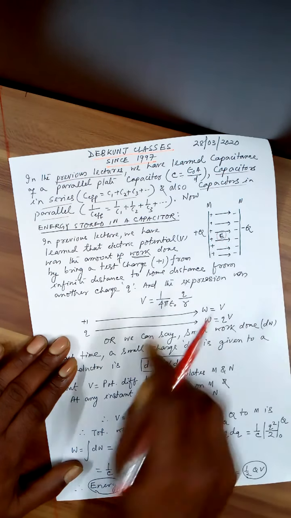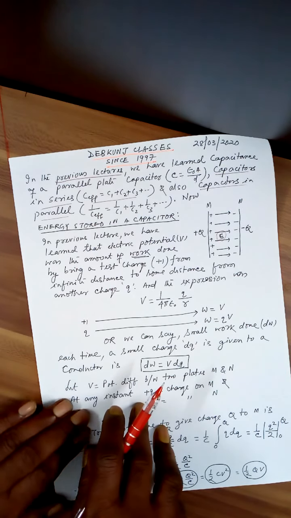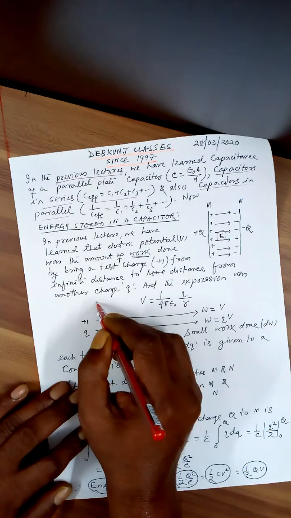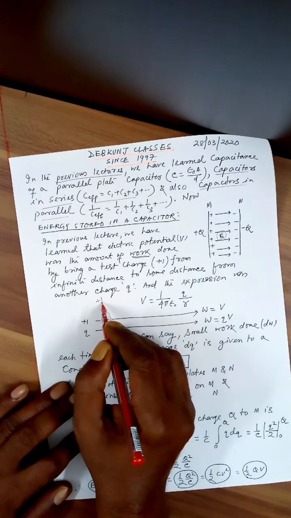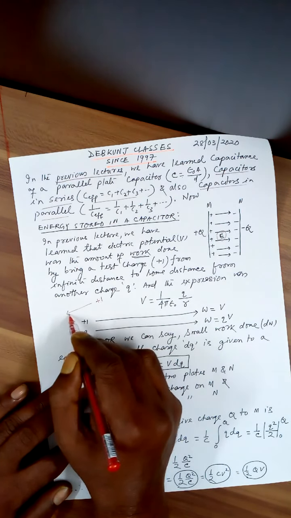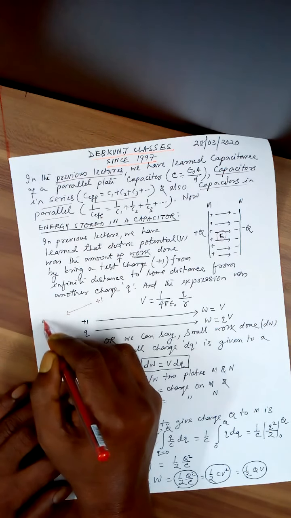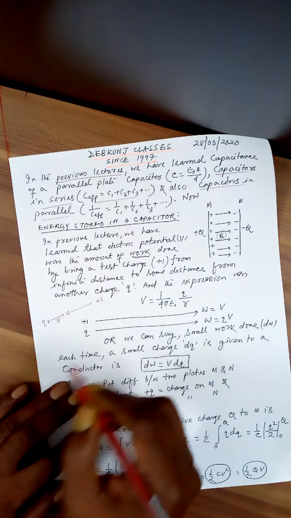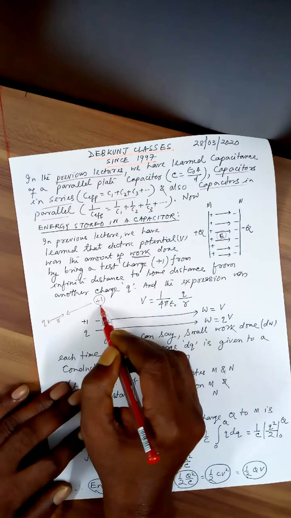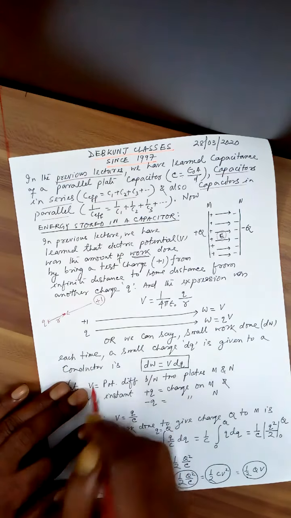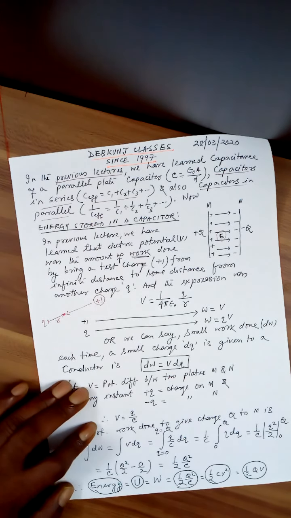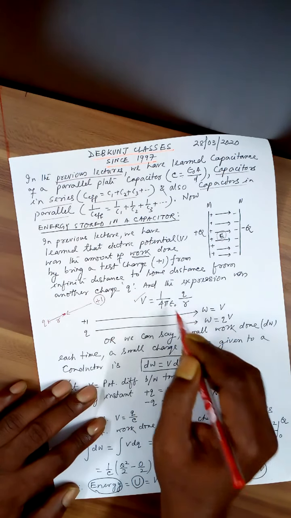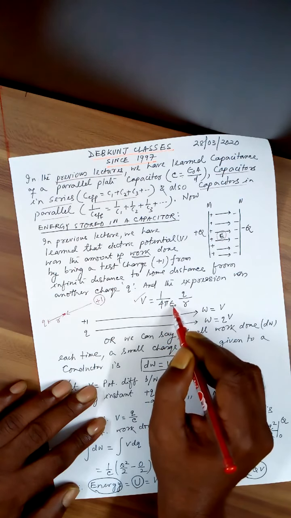Now, previously in the previous lectures we have learned that when you bring 1 unit of positive charge from infinite distance to a point near another charge Q, suppose this distance is equal to R, the amount of work done, that is energy spent externally, was written as V, that was equal to 1 by 4 pi epsilon naught Q by R.